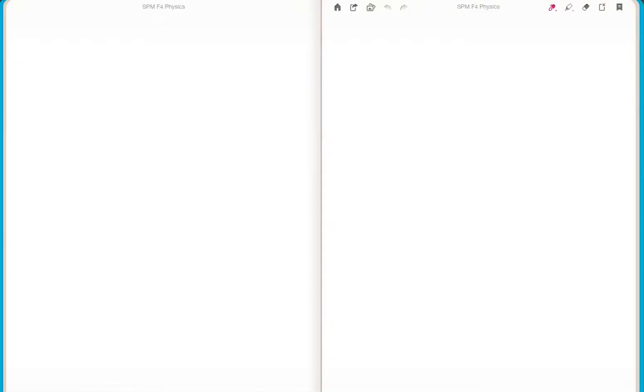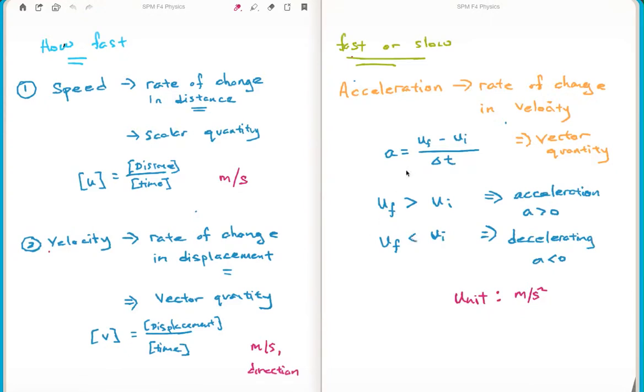In the next part, I'm going to show you the equation. You may pause this video and go through the ticker timer and ticker tape. The concept always comes back to what I mentioned earlier: when the final velocity is greater than the initial velocity, it's accelerating.